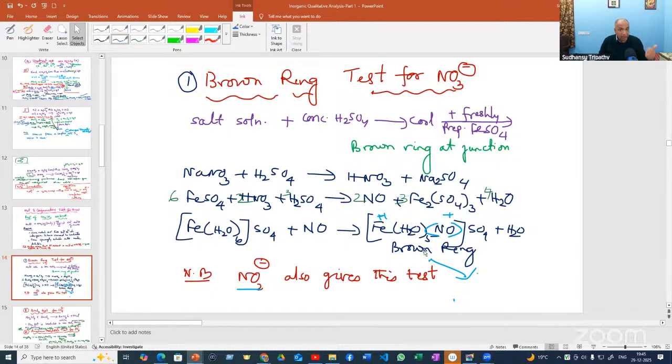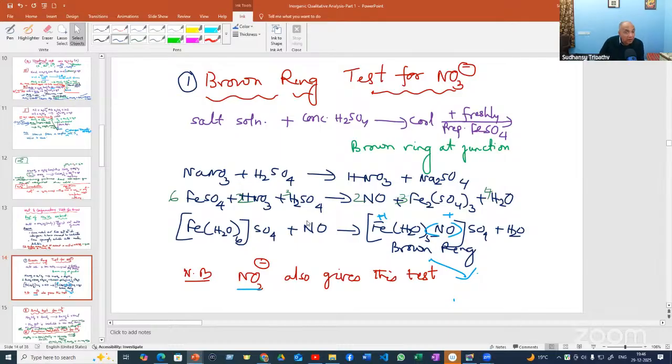But after a long time checking the magnetic property and other spectroscopic property, it was revealed that iron is not in +2 state. Very interestingly, it is in the +1 state. And NO is in +1, nitrosonium. So brown ring is penta-aqua nitrosonium iron(I) sulfate.